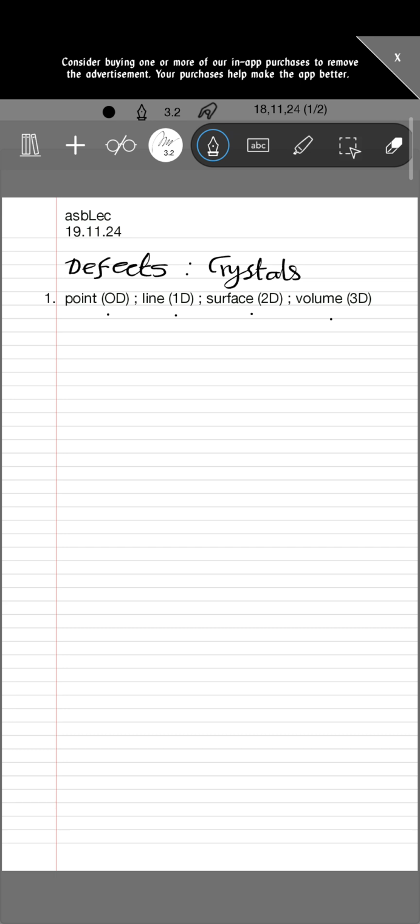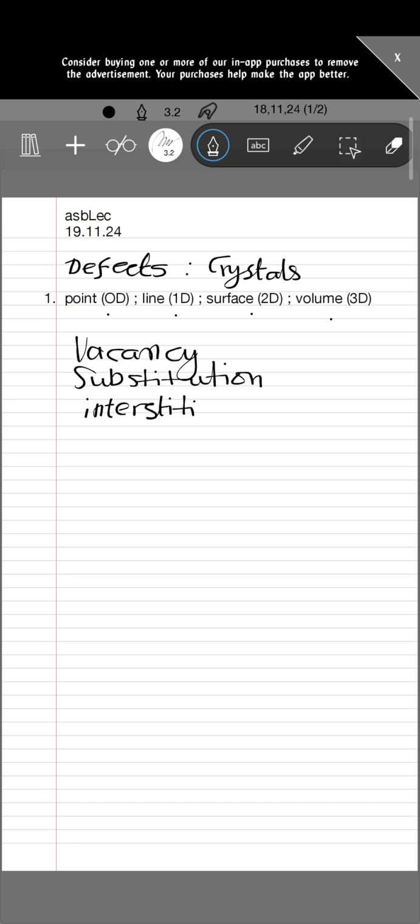Vacancies and substitution, or substitution, and to some extent interstitials. They come under point defect.